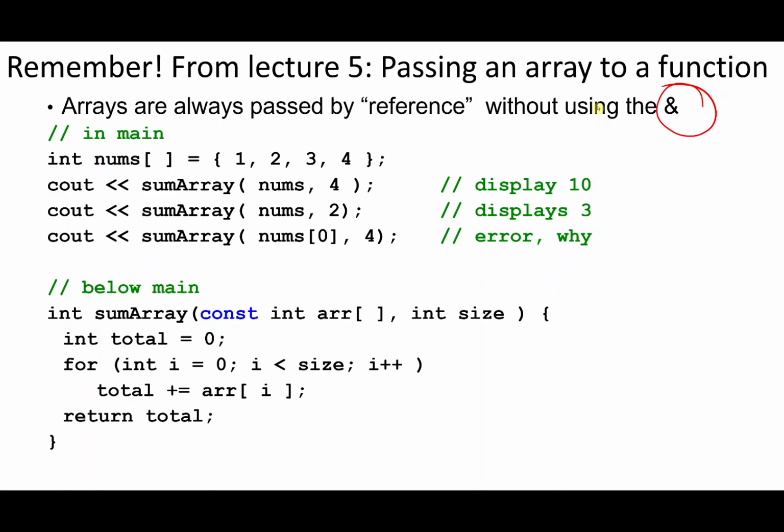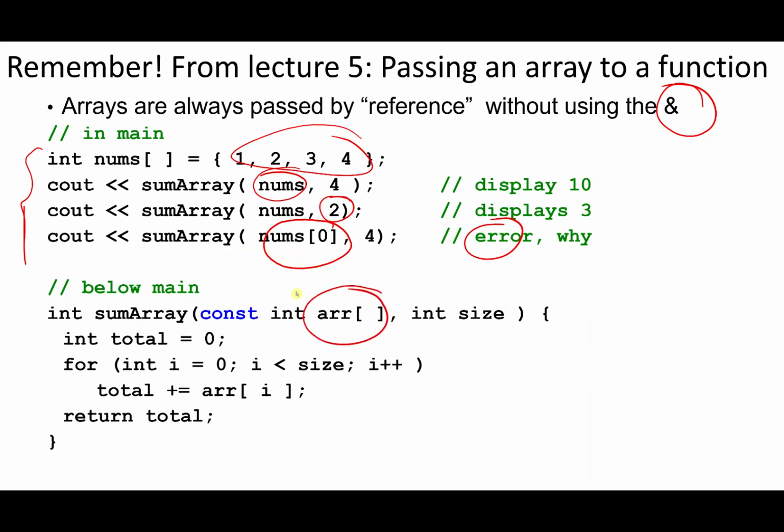But first, remember this example when we use sum array, when we use this nums with 4, this is summing 1, 2, 3, 4, giving you 10. Only the first two elements giving you 3. And when we do that, that was an error. And we said why? Because this receives an array, should receive an array, and you're sending one element, which is you're sending int. Okay, remember that?